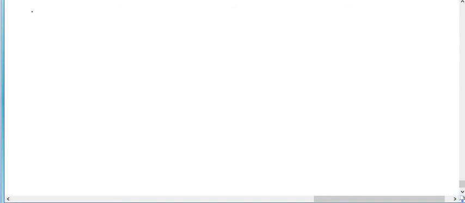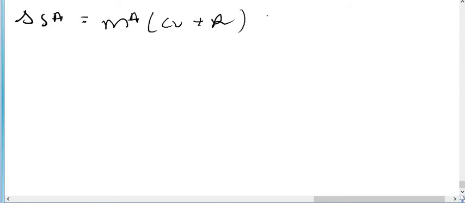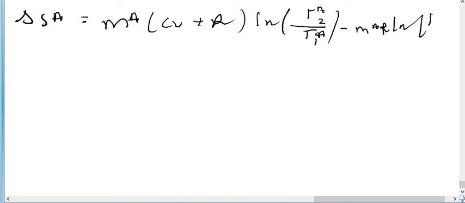Therefore, the entropy of A separately will be equal to MA into (CP plus R) ln TA2 over TA1, then minus MA R ln PA2 over PA1.